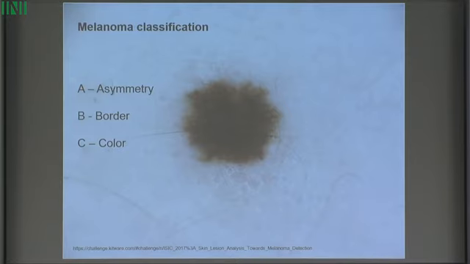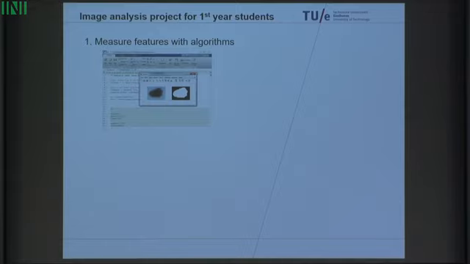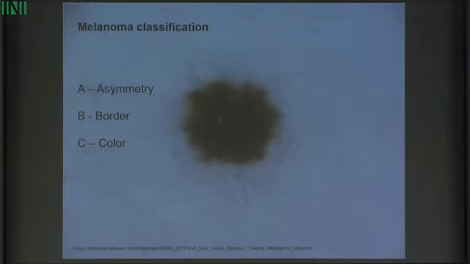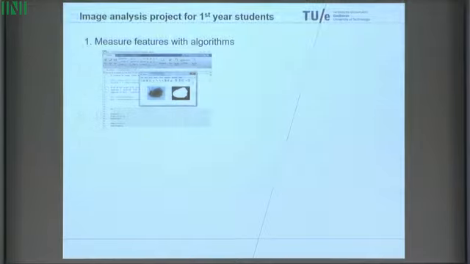And how I actually got into this project is that I was teaching an image analysis project for first-year students, and I thought that these skin lesion images made nice examples of extracting features from images, because you could imagine that you can measure how regular the border is, you can do some clustering on the colors, and so forth.